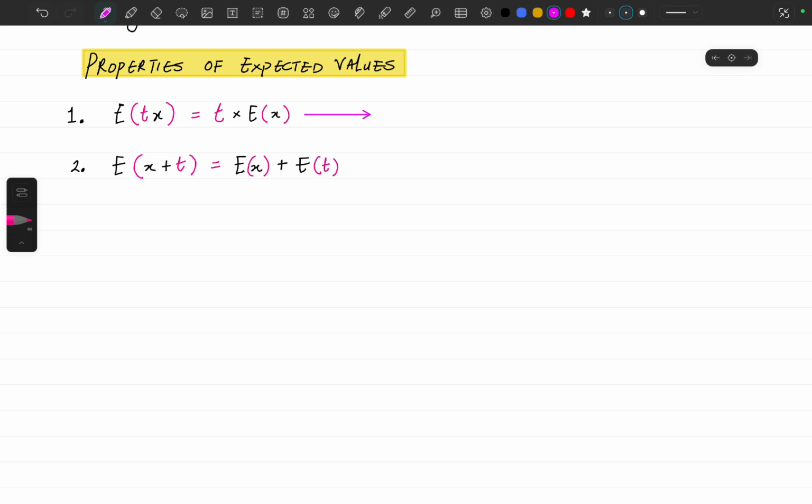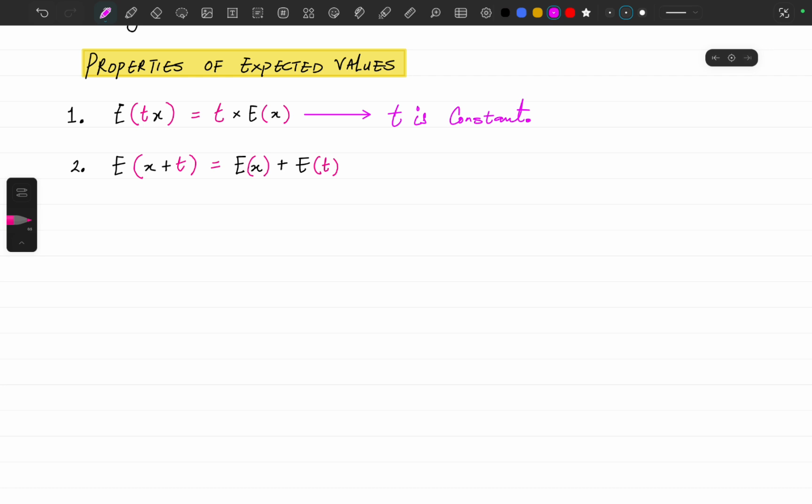In this case, take note that t is constant. It's a constant value, like 2, 3, 4, 5, 6.